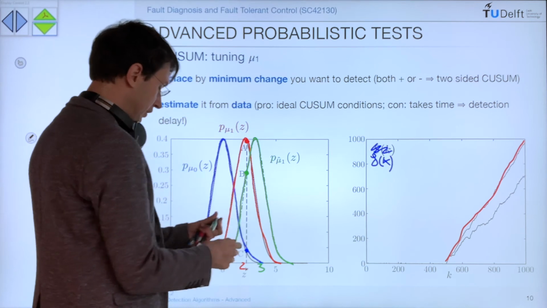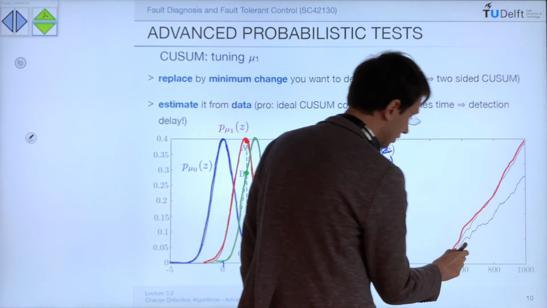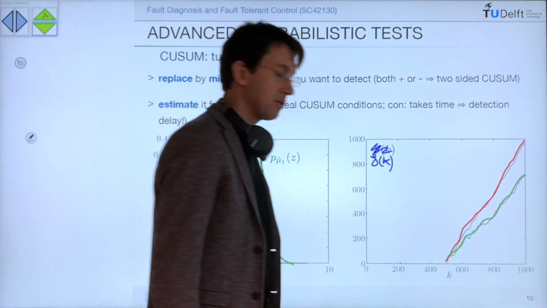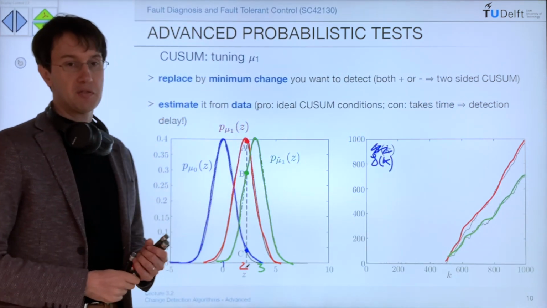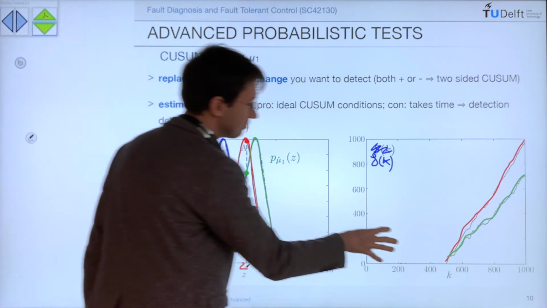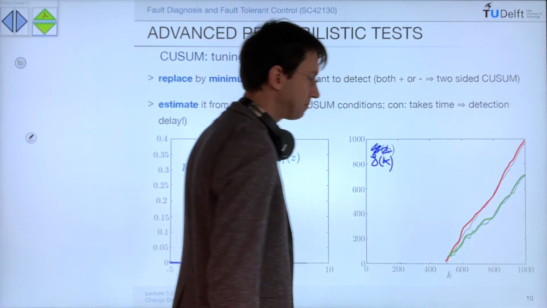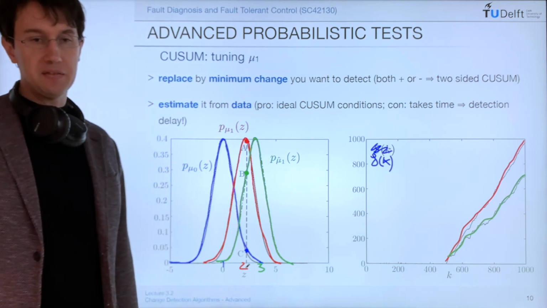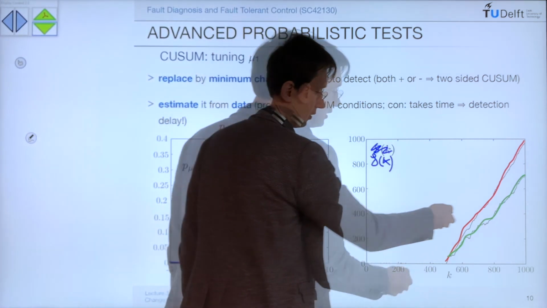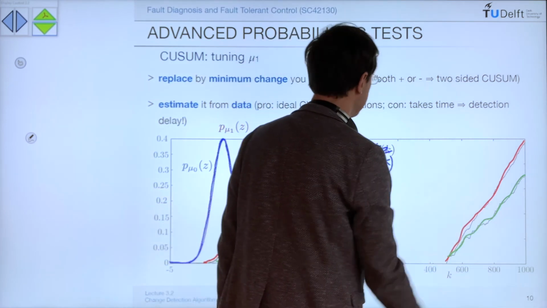So when I'm using the green curve, the G is going to increase at a lower rate because the individual terms in the summation are smaller. So this approach is causing a sensitivity that is not so good, because for the same h, the detection delay is longer here.